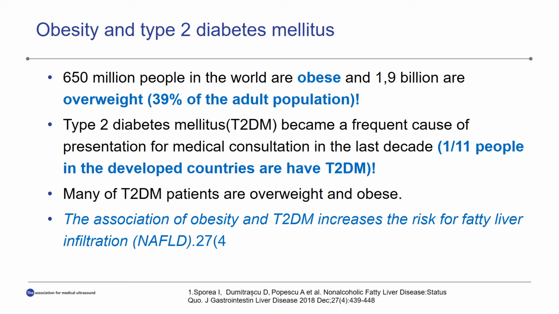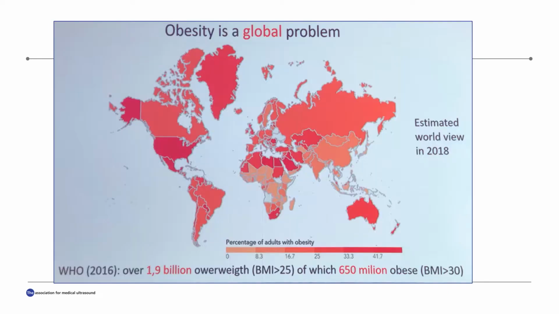Second, looking at type 2 diabetes mellitus, we now have in the world 1 in 11 adult patients in developed countries with this pathology. Many patients with type 2 diabetes are overweight or obese, and if they have obesity and type 2 diabetes, they have a very high risk of fatty liver infiltration, non-alcoholic fatty liver disease.